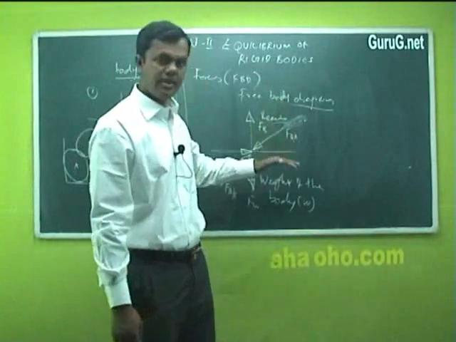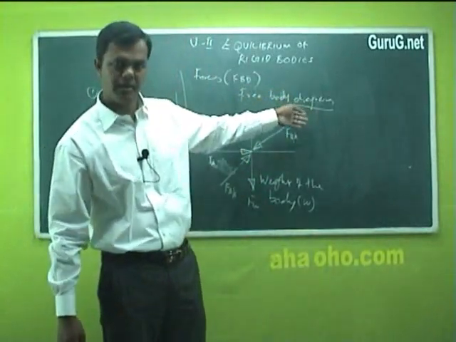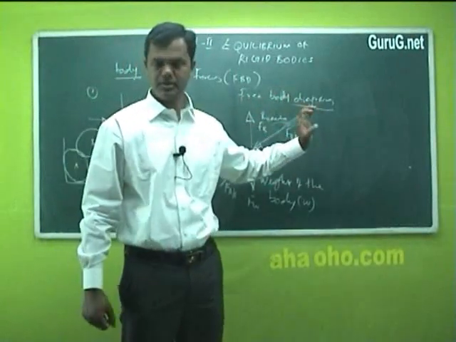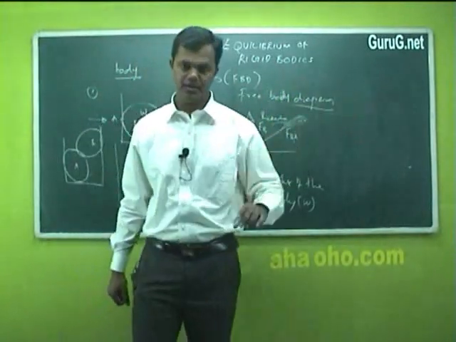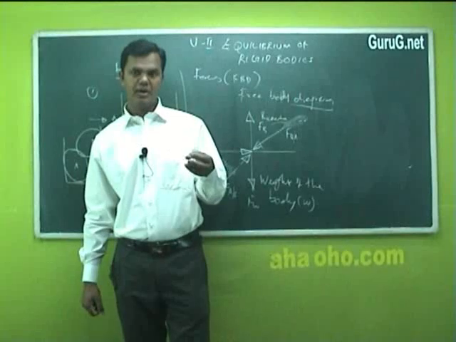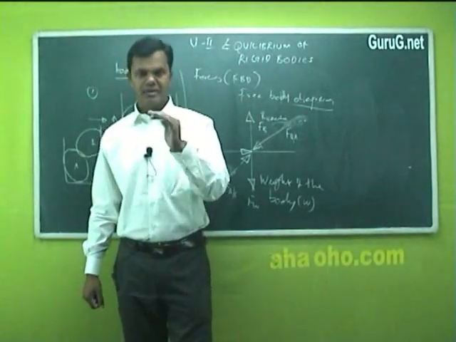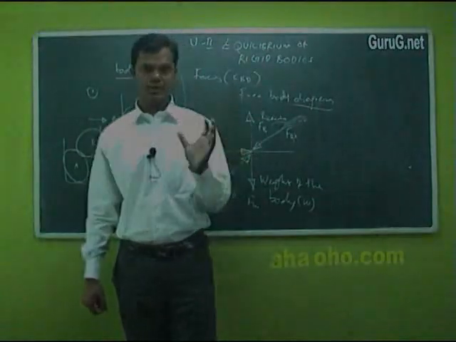Then based on that the problems could be solved either by using any laws of forces, parallelogram law or polygon law or whatever it is. Lamy's theorem, all this can be applicable as we did in unit number 1. But this free body diagram is very, very important. We'll see one or two problems based on that, so you can better understand how we solve a question, right?